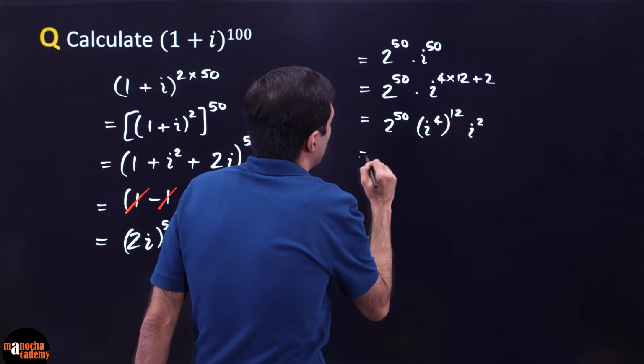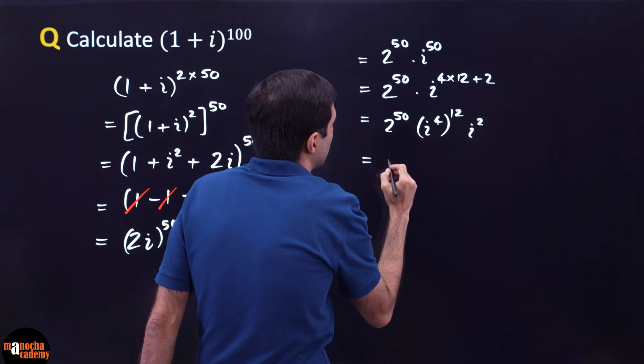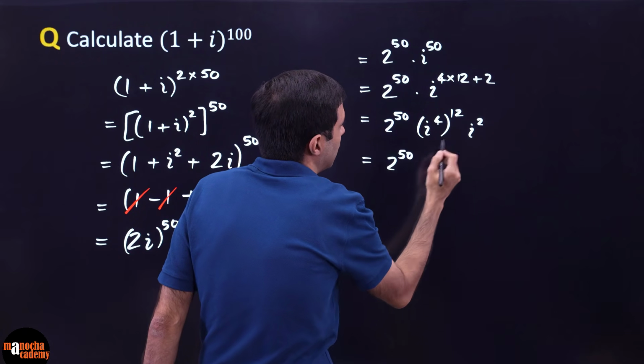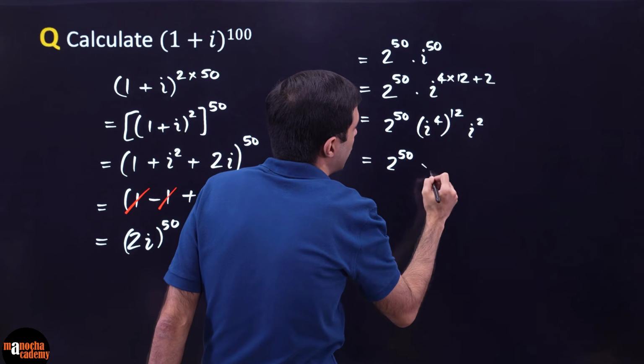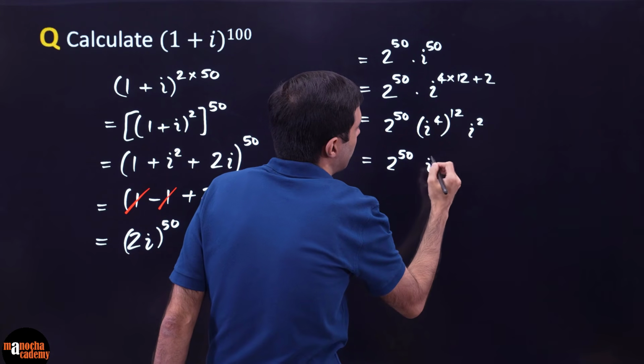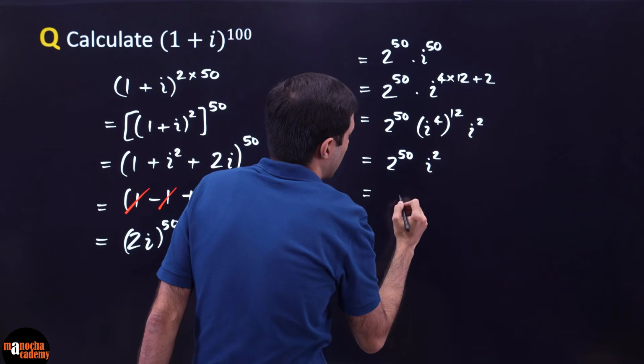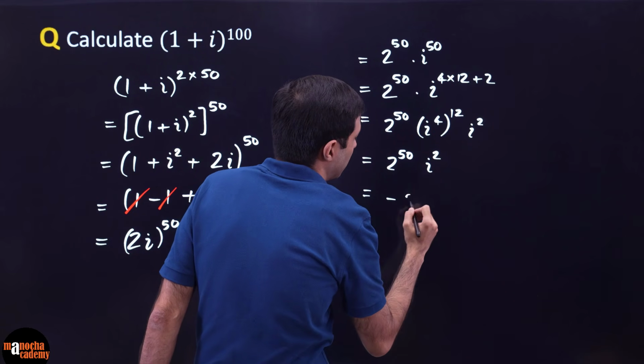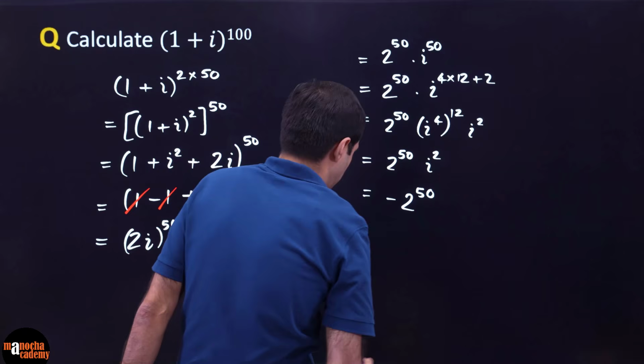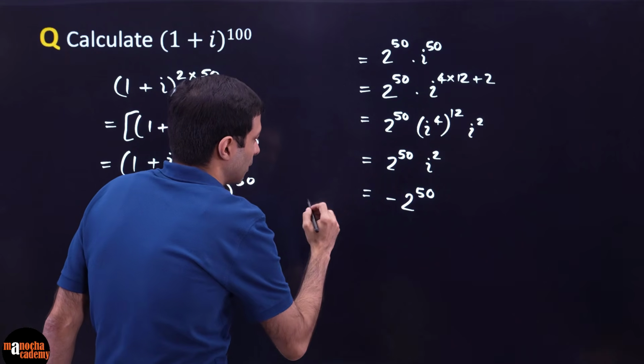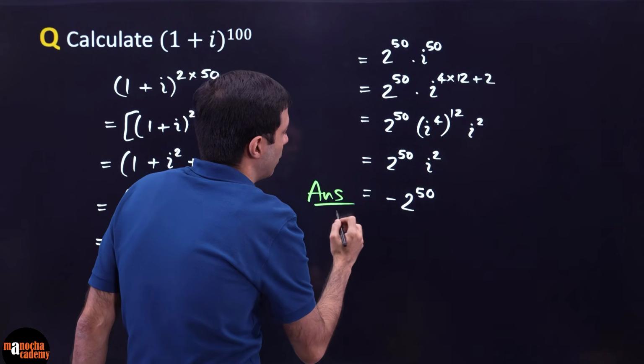And this i to the power 4, we know it's going to be 1. So 2 to the power 50 times i square. And what is i square? i square we know is minus 1. So the final answer is going to be minus 2 to the power 50.